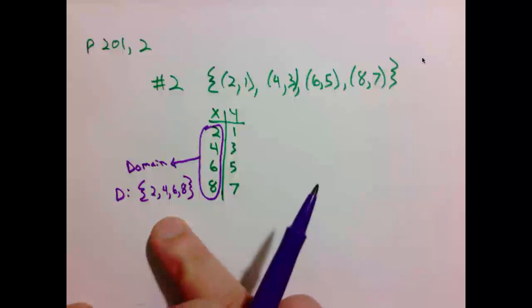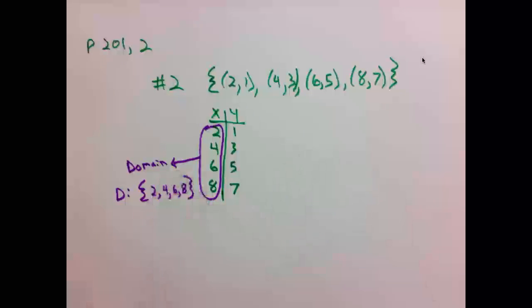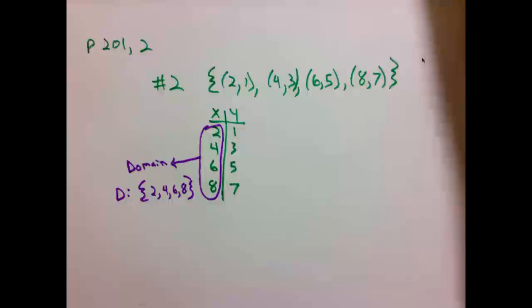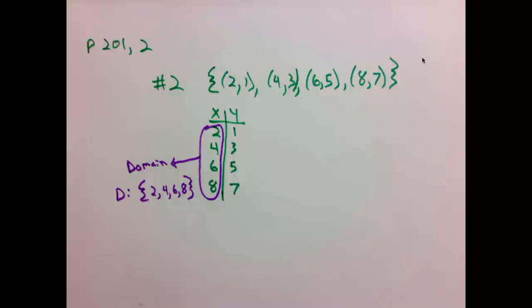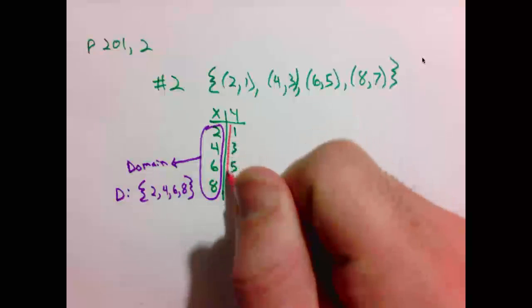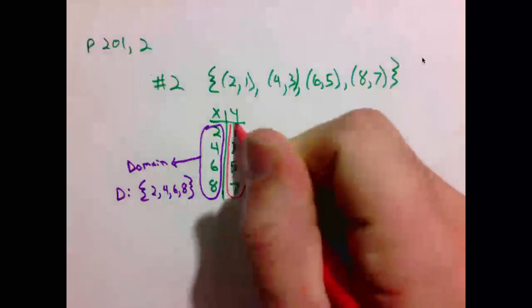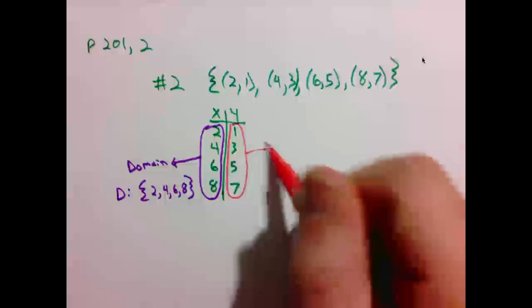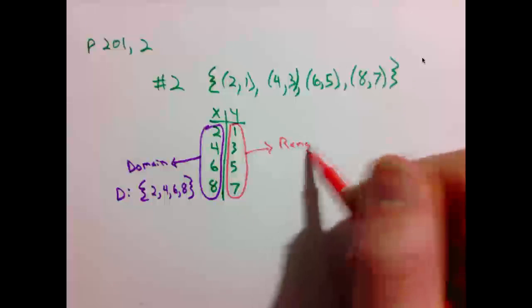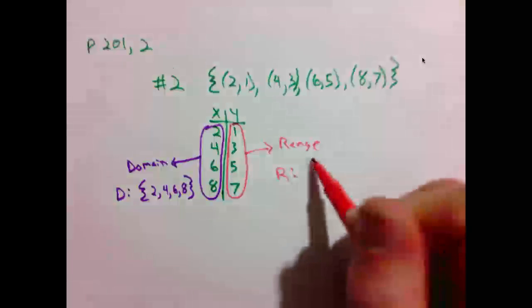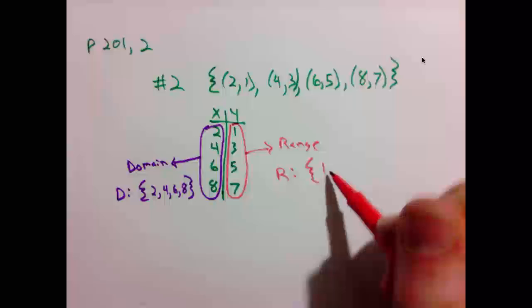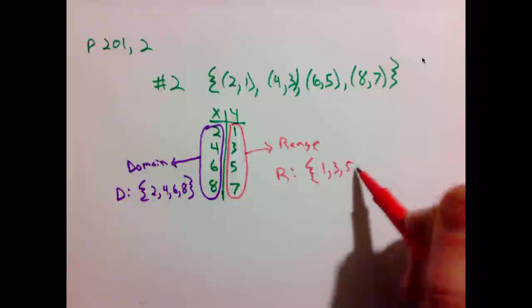Alright, that is my domain. To simply circle these and say that's domain, that would be a reasonable way to write it. These values are the range. The range is the set of outputs, the set of Y's. We might say that the range is the set 1, 3, 5, and 7.